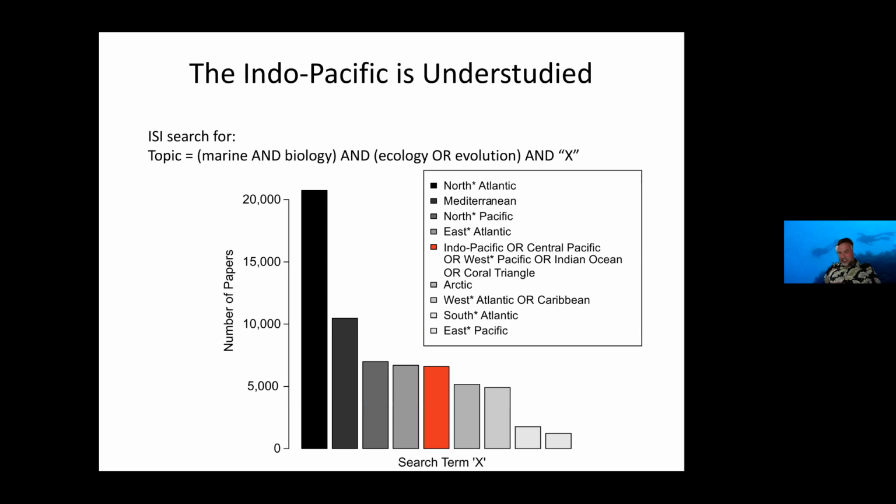And I did a fairly generous search here. I searched for marine biology, ecology, or evolution, and these various regions of the world ocean. And it came in 5th in terms of numbers of studies that have been done on it.